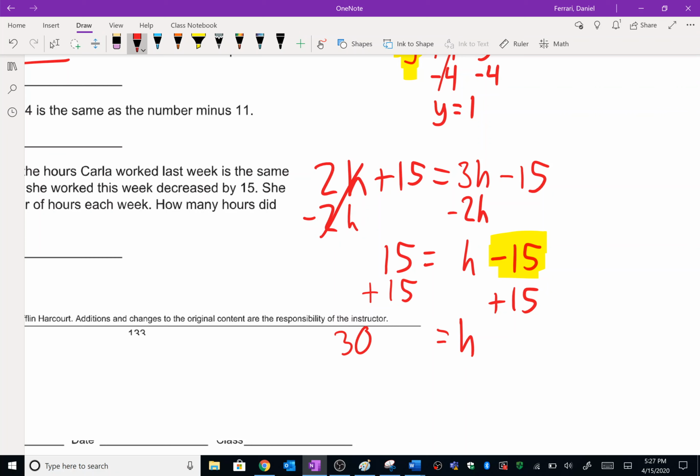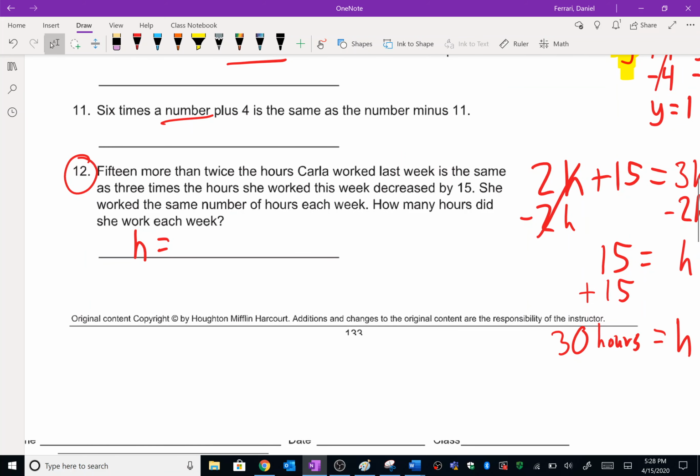And remember, because this is a word problem, unlike the other ones in this section that are just numbers, this 30 represents a real value. It represents a number of hours. So I want to make sure I label my values with the label that goes with the problem. My final answer here: h equals 30 hours.